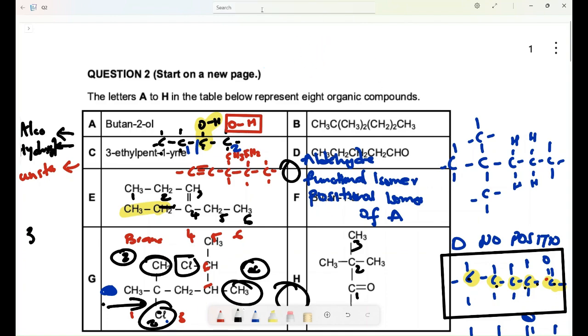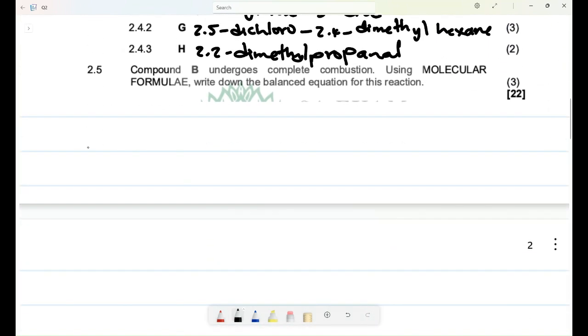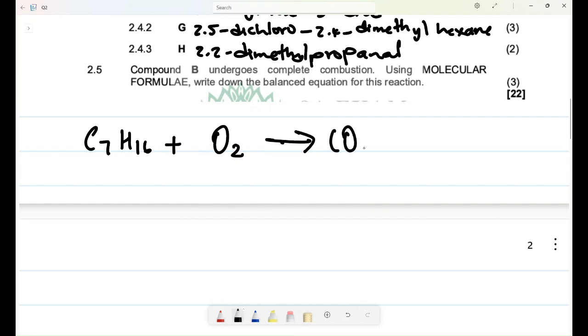You can count also the hydrogens, okay? Just saying it reacts with O2 to form carbon dioxide and water, you have 2 marks. You haven't balanced, you haven't done anything. You have already 2 marks.